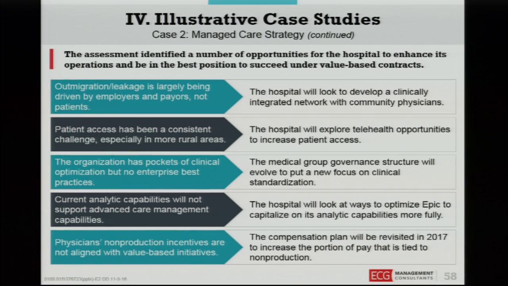So we said, you've got to bite the bullet and hire a couple more clinical informaticist types who can get in there and figure out what's going on using your existing data. Finally, their compensation plan was not aligned with where they were going. They had almost 25,000 lives under what was close to full risk, and their compensation plan was 100% productivity. So the physicians were getting mixed messages about where the organization was going, and there's a plan in place to revise the comp plan going forward.